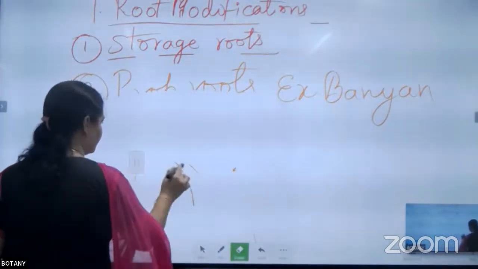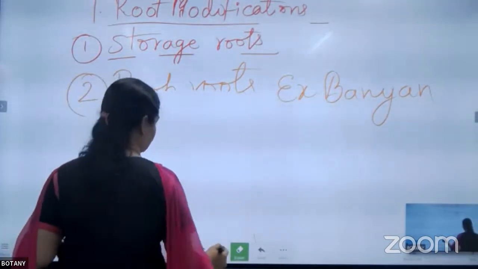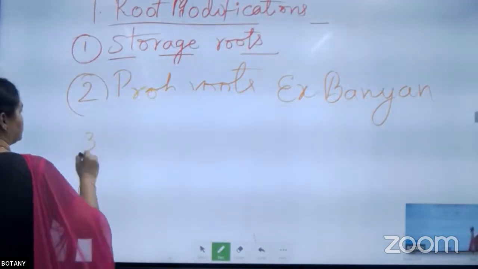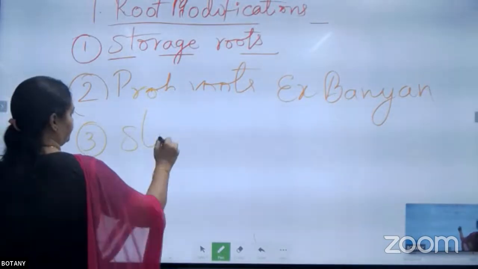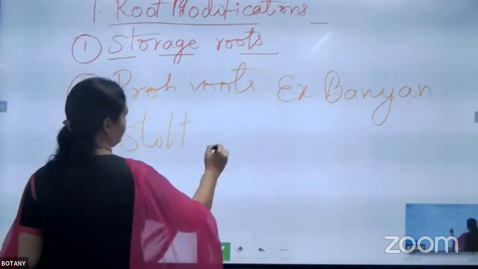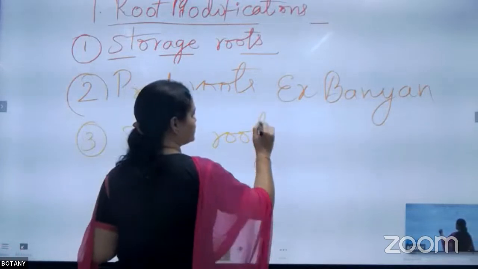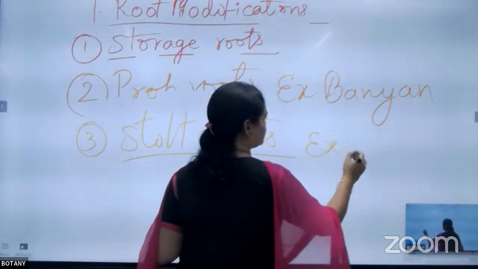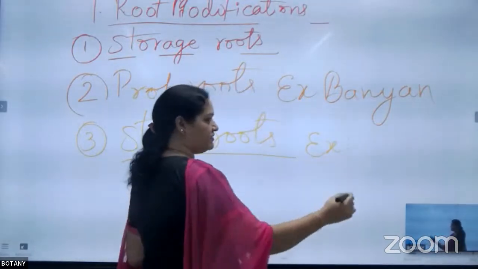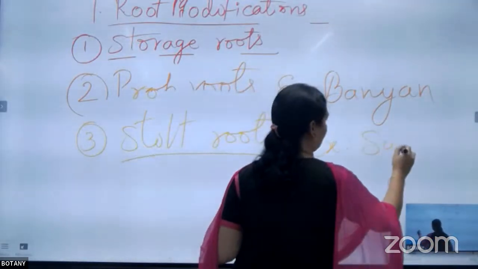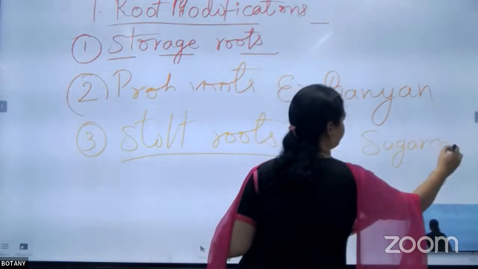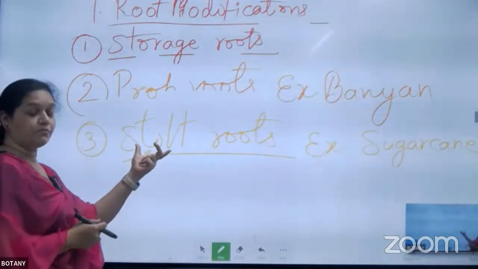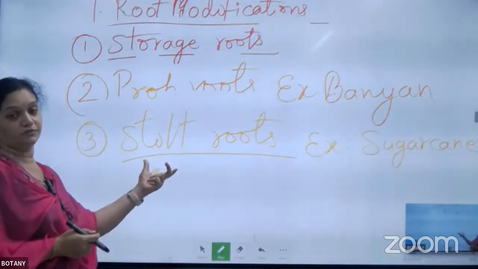what we have to say in the root modifications is the stilt roots. In this, the best example, the easiest one without any spelling mistakes, everyone can write as the sugar cane. And what is the modification that occurs in this plant?